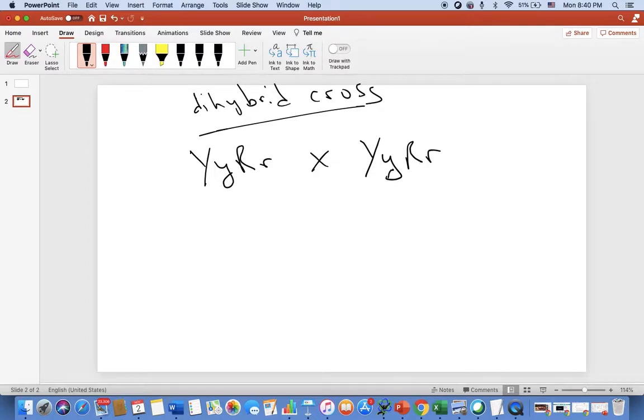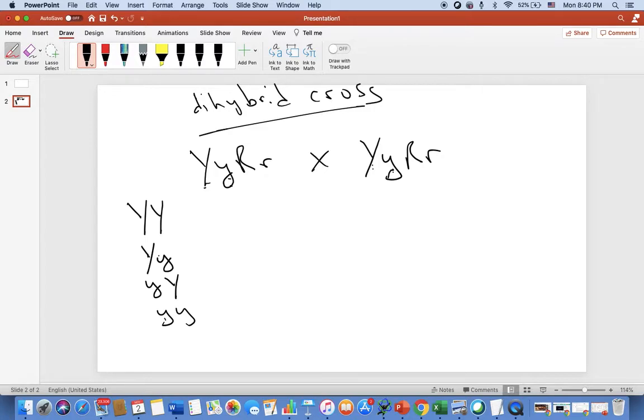If I allow this to cross with itself, then I have to do combinations of this allele with that allele. So I'll get this allele with this allele, I'll get that. And this allele with this allele, you could get this one. And this allele with that allele, you'll get this. So these are four different possibilities.